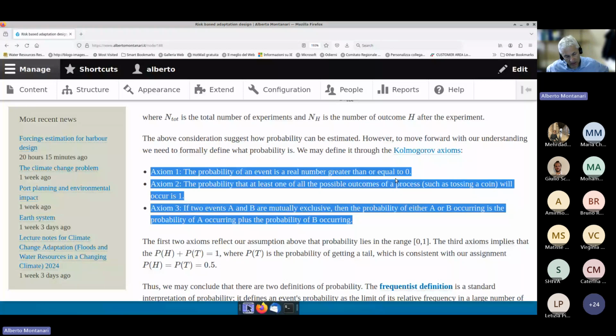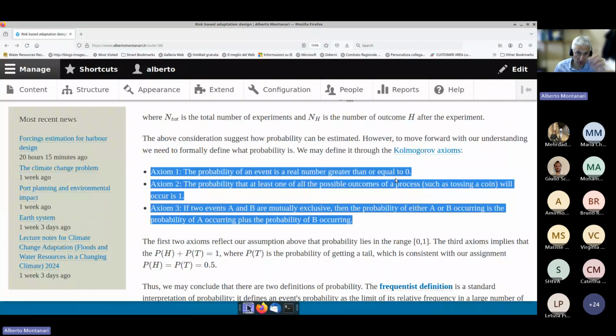Okay. And this also means that you can estimate the probability of something occurring by computing a difference. I give you an example. I made the example of the flood exceeding the level of the levee. If the probability of exceeding the level is 0.1, what is the other possible outcome?